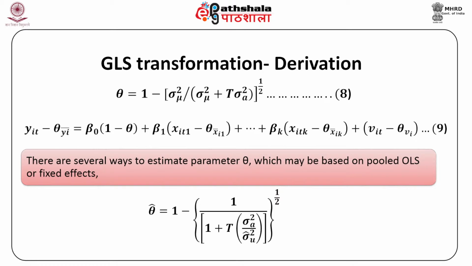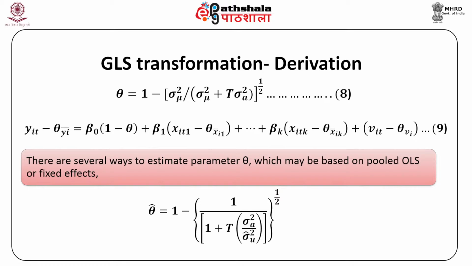The fixed effects estimator subtracts the time averages from the corresponding variable. The random effects transformation subtracts a fraction of that time average, where the fraction depends on sigma square u, sigma square a, and the number of time periods, capital T. The GLS estimator is simply the pooled OLS estimator of equation 9.